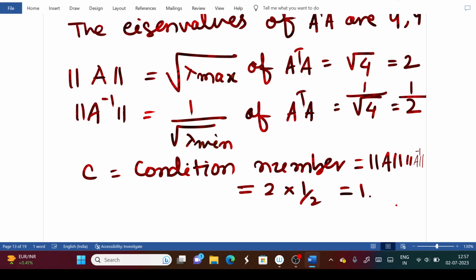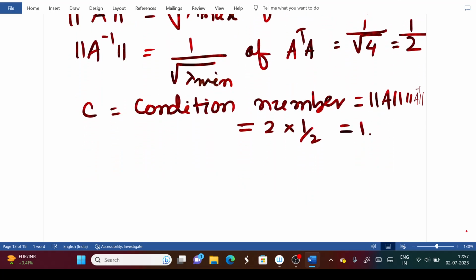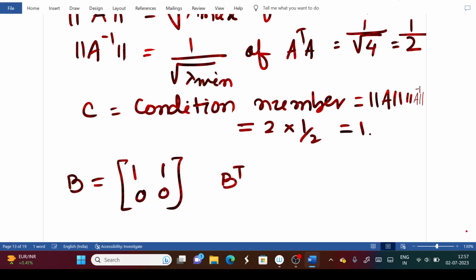Now next is matrix B, 1 1 0 0. Another matrix B is equal to 1 1 0 0. It is not symmetric, so there is no question of positive definiteness. So what about B transpose B?